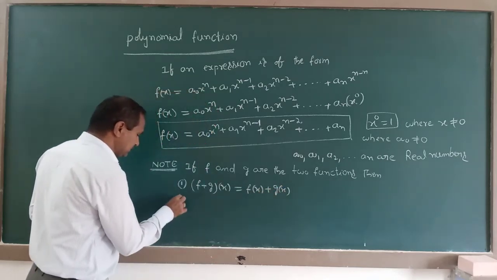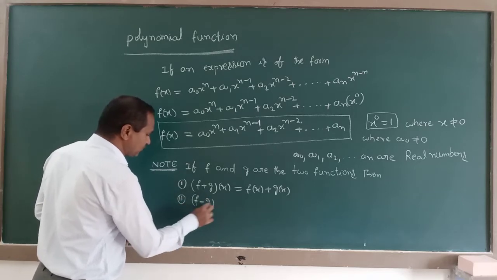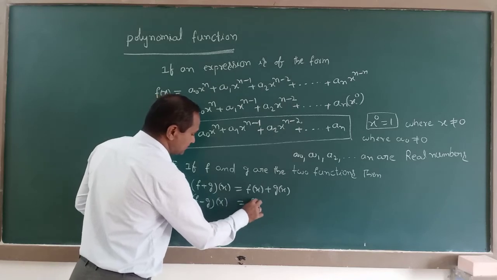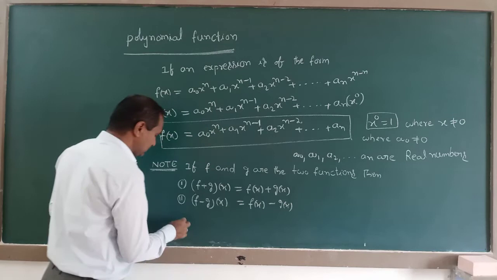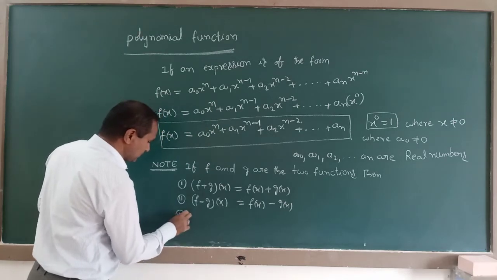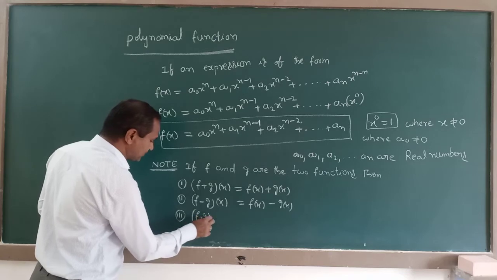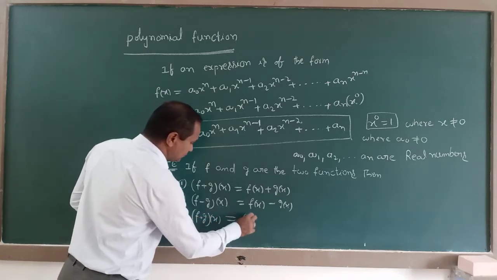And second one is f minus g of x is equal to f of x minus g of x. And third one is f into g of x. f into g of x is equal to f of x into g of x.